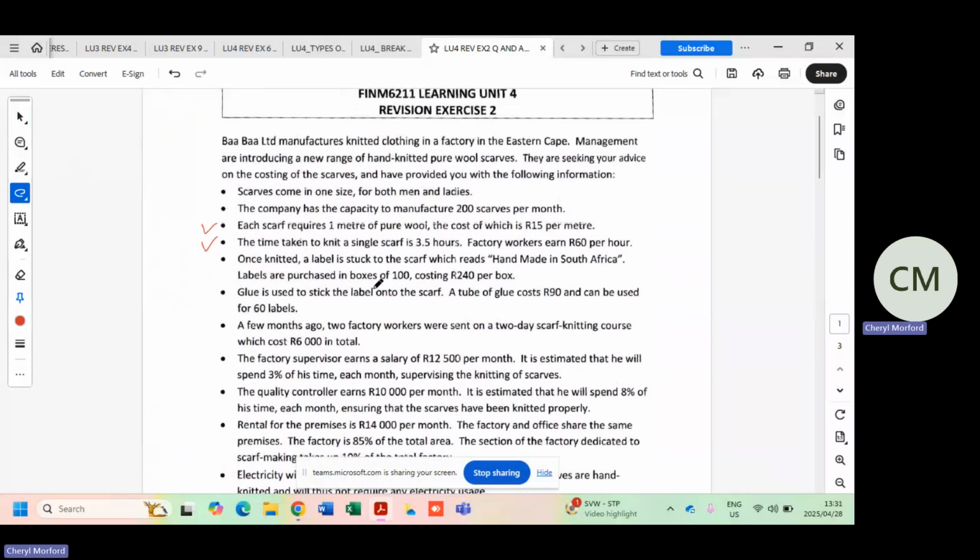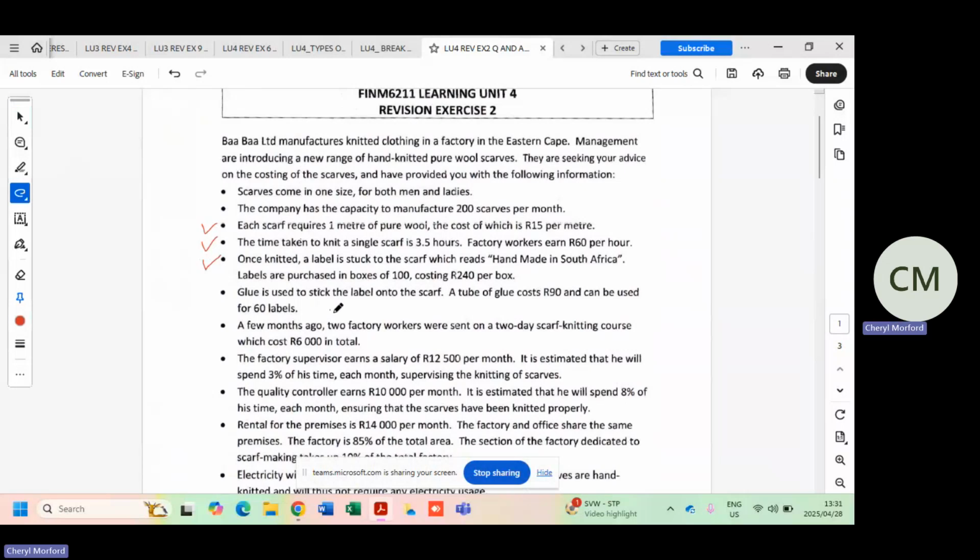But we are doing the variable cost of a single scarf. That's why we must say 240 Rand, which is for the 100, and we must divide it by 100 to work out the price of 1 label. So obviously that will be 2.40 Rand, and it is variable because it belongs to a scarf.